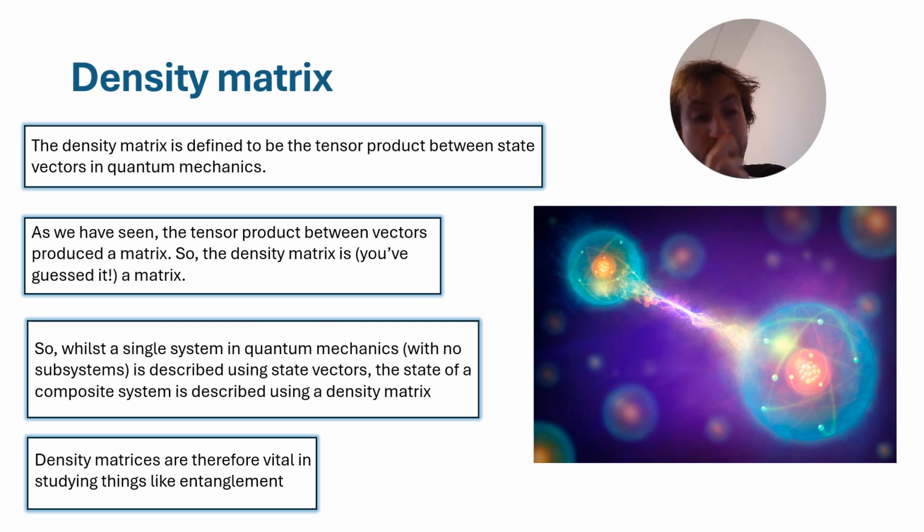Composite systems have one very peculiar property that doesn't exist in classical physics, and that's something called entanglement. Now, entanglement is where the subsystems become so entangled, if you like, that one can no longer meaningfully talk about the state of an individual part of that system.